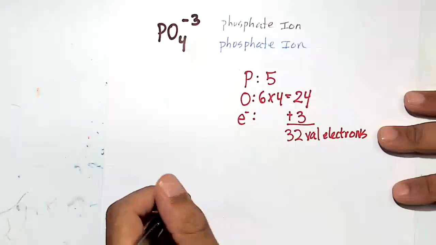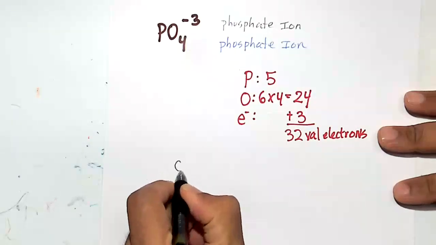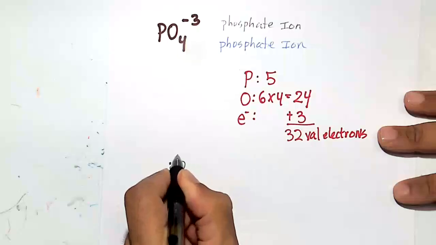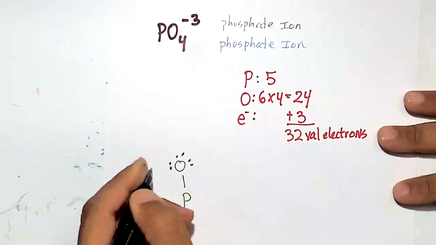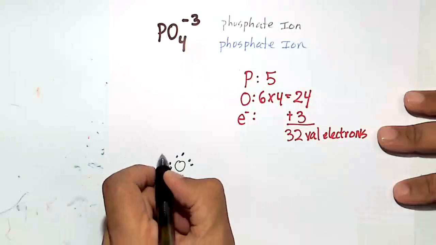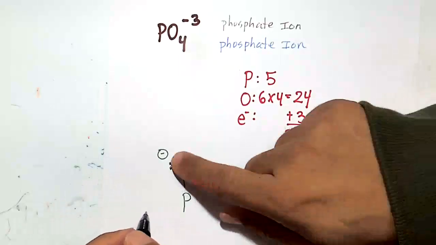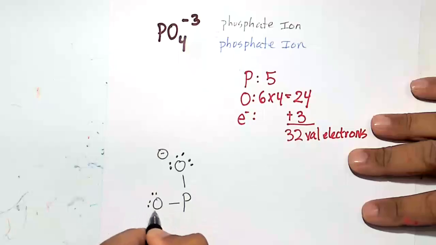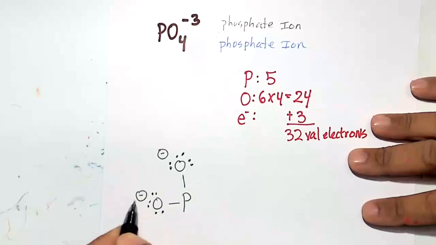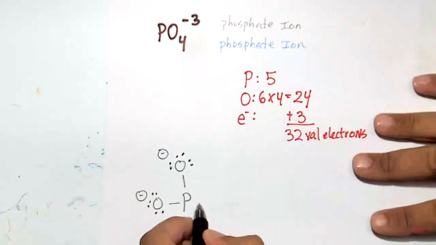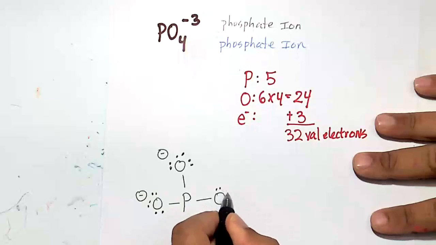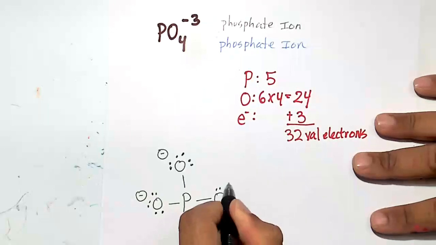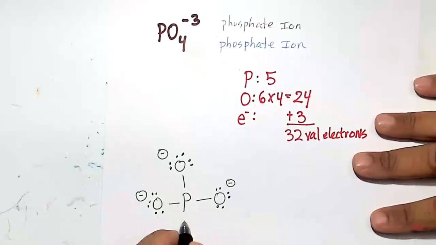And how many lone pairs is a single bond oxygen? And what is the formal charge on that single bond oxygen? -1. And that's -1. I'll make this -2. And then can I make this -3? And what should the last oxygen be?